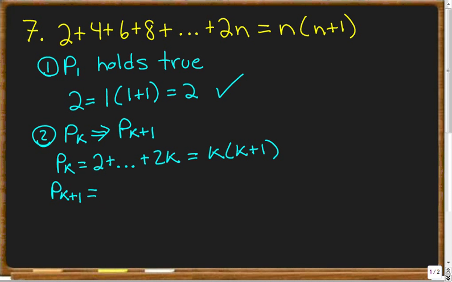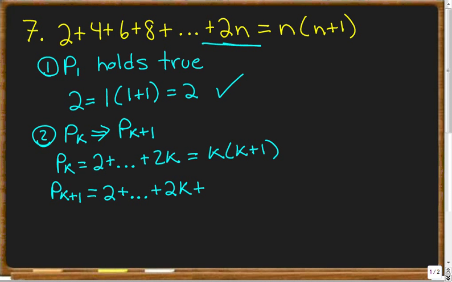Now P sub k plus 1 has P sub k in it. It is involved. So I'm going to go ahead and rewrite the first part of P sub k, which leads up to 2k, and then I'm going to add my k plus 1 term. Now in order to do that, I have to input k plus 1 into the formula for my terms.